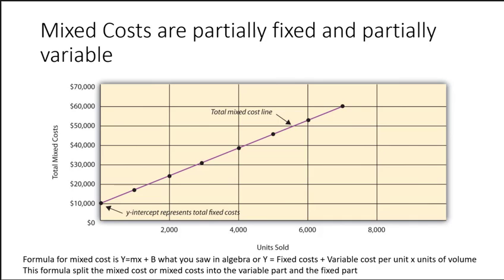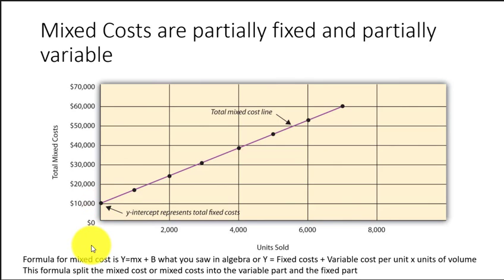All right? So that's what we refer to as a mixed cost. So when you have 0 volume of whatever it is you're doing, then you still have the fixed cost to pay. But then from there, every unit you make is going to cost you more. So you're back to the variable diagonal, but your corner piece, instead of being at 0, is going to be at the fixed cost.